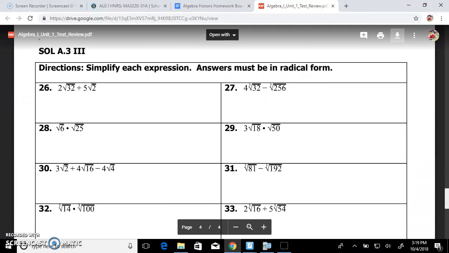All right, now we're on to simplifying radicals, almost at the end. So in this case, you need to be very careful to look to see if you are adding, subtracting, or multiplying. Because if we're adding or subtracting, we have to have like terms, or specifically, we have to have like radicands.